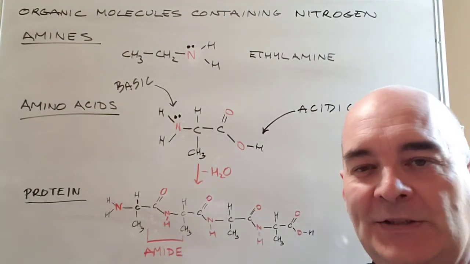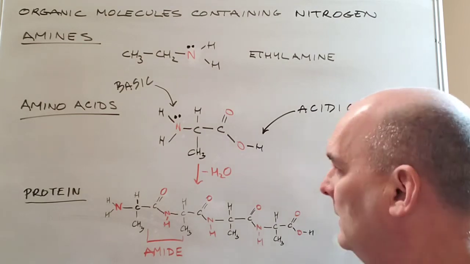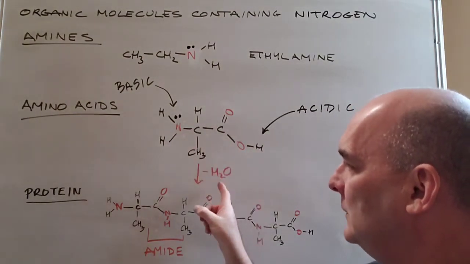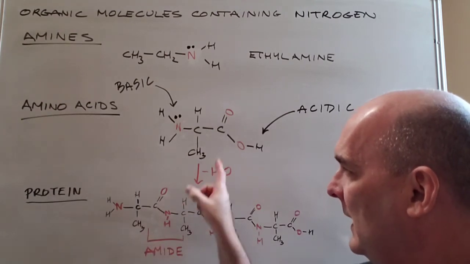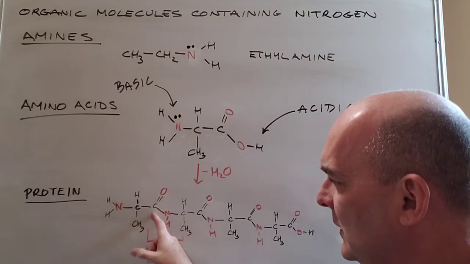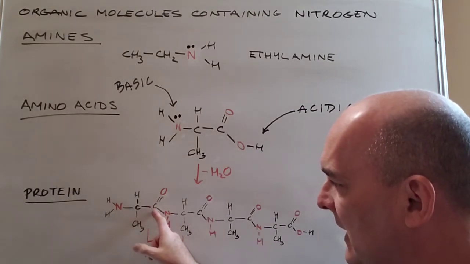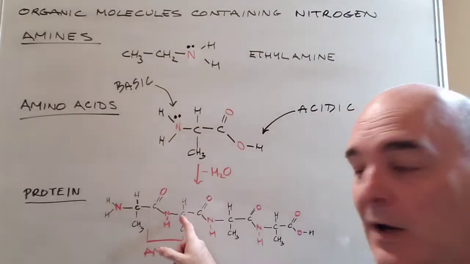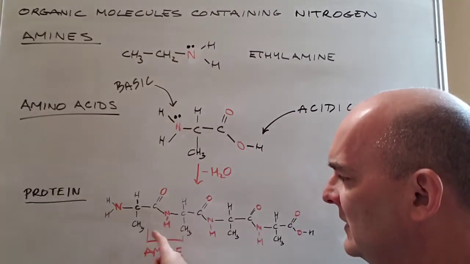And when you put acids and bases together in solution, you lose water, and the base grabs the acid, and you convert the acid end of a carboxylic acid and the amine end of another into this amide.